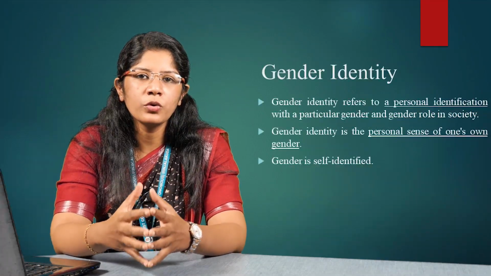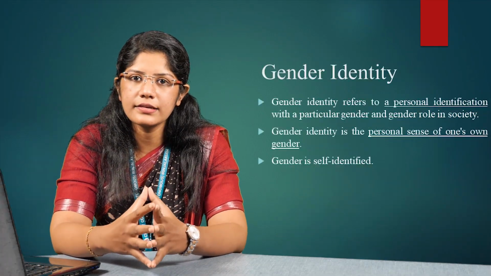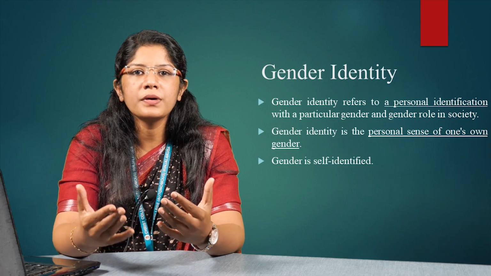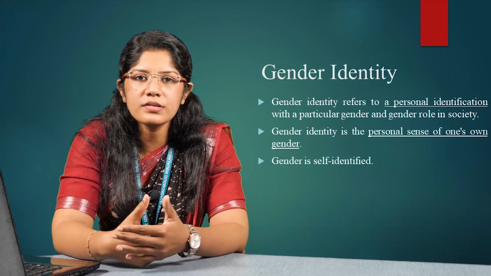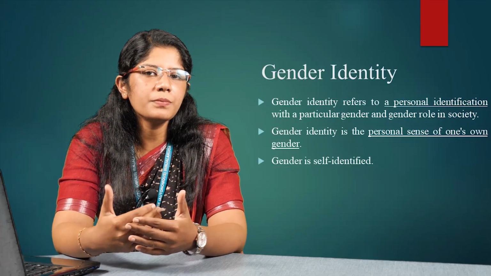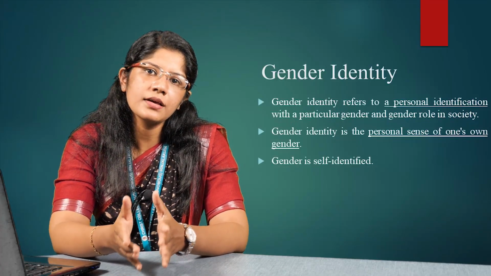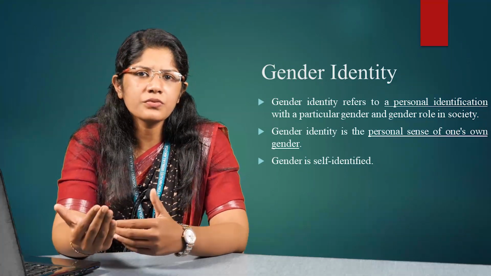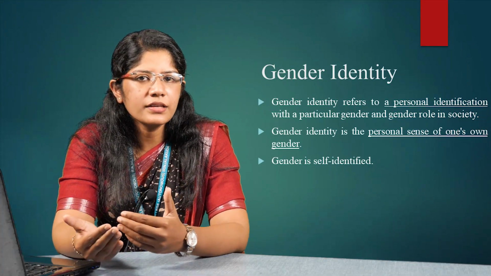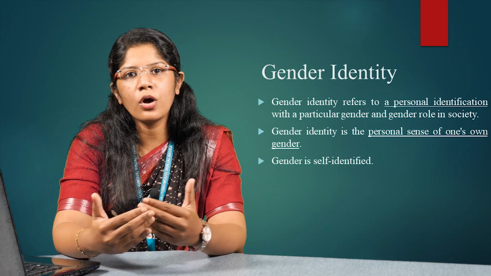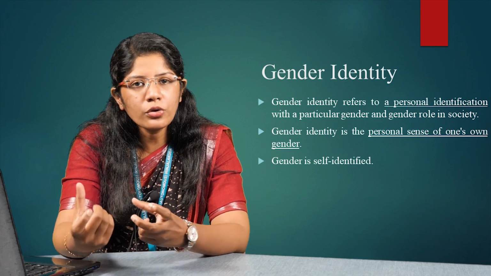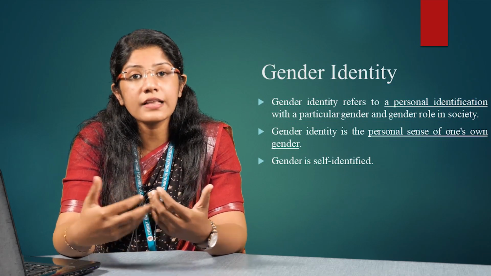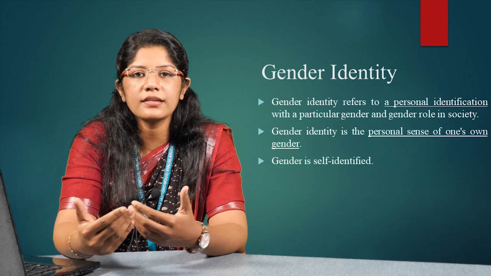The next concept is gender identity. Gender identity is the personal identification of a person regarding his gender and gender roles in society. For example, if a person is born male or female and after reaching a particular age realizes, no, I belong to another gender, that sort of realization or self-awareness can be termed gender identity.